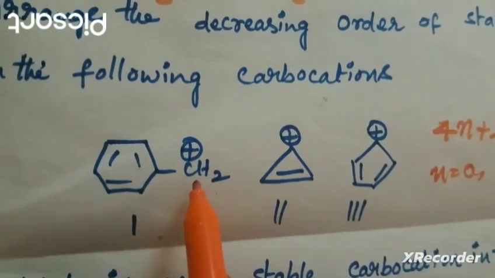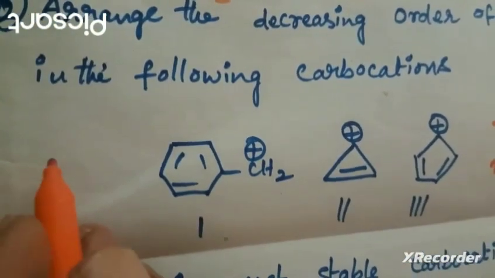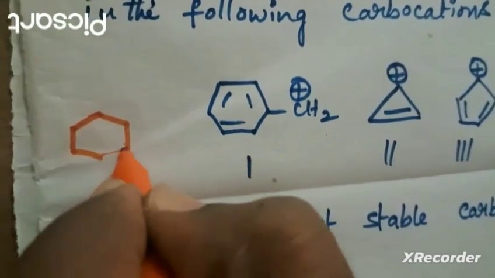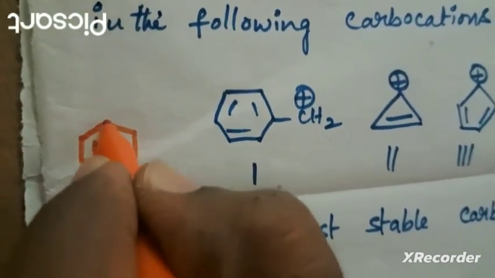Now the benzyl carbocation is aromatic in nature. How is it aromatic? There are 7 carbon atoms.